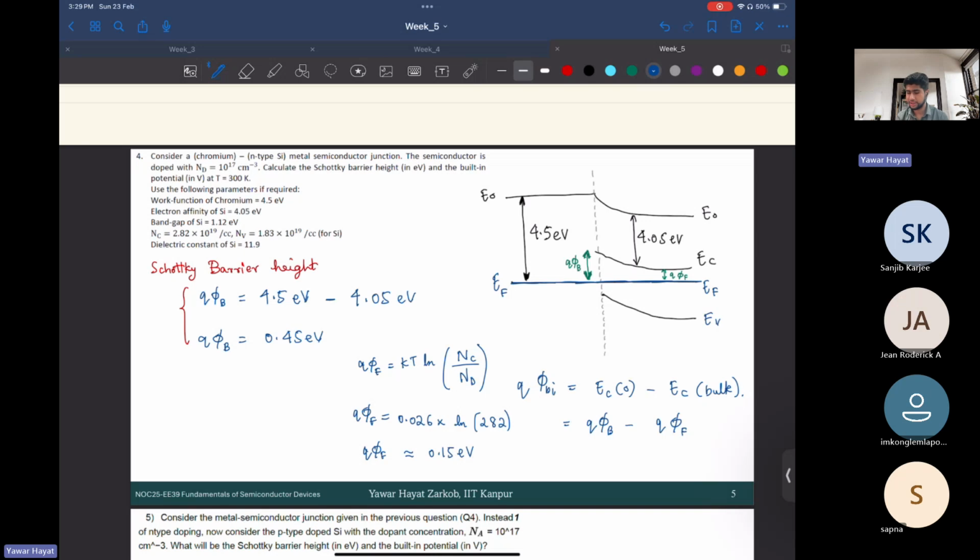So this was your qΦBI. This we already computed, this is the Schottky barrier height.